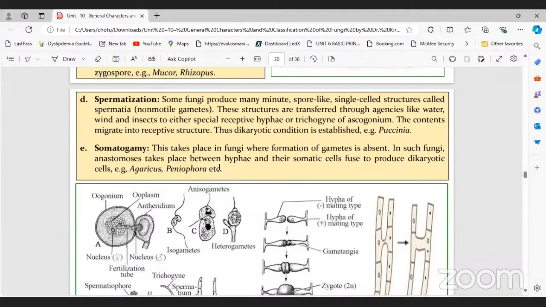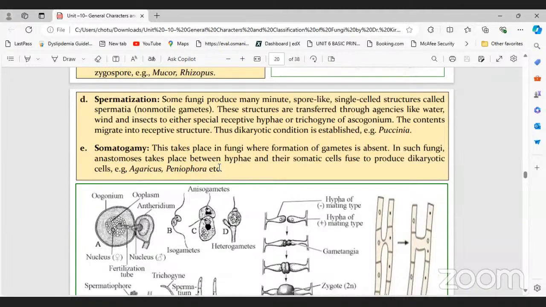After coming together, the two compatible nuclei may undergo fusion, that is karyogamy, immediately giving rise to a diploid nucleus, or may start a dikaryotic association extending for varying periods in different fungi. The two nuclei eventually fuse to form asci or basidia. In Basidiomycotina, the dikaryophase is extended through dikaryotic spores like aeciospores, urediospores, teliospores.